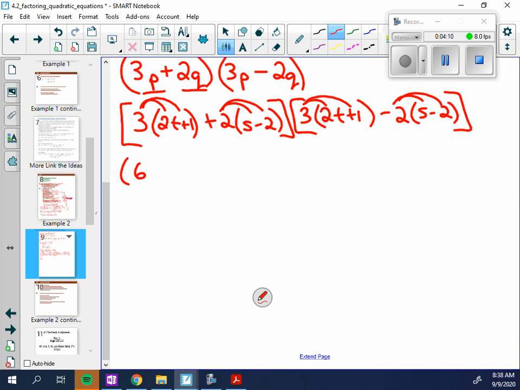So I'd have a 6t plus 3 plus a 2s minus 4. And then on this side, a 6t plus 3 and a minus 2s plus 4. That distribute that negative out both times on that side.